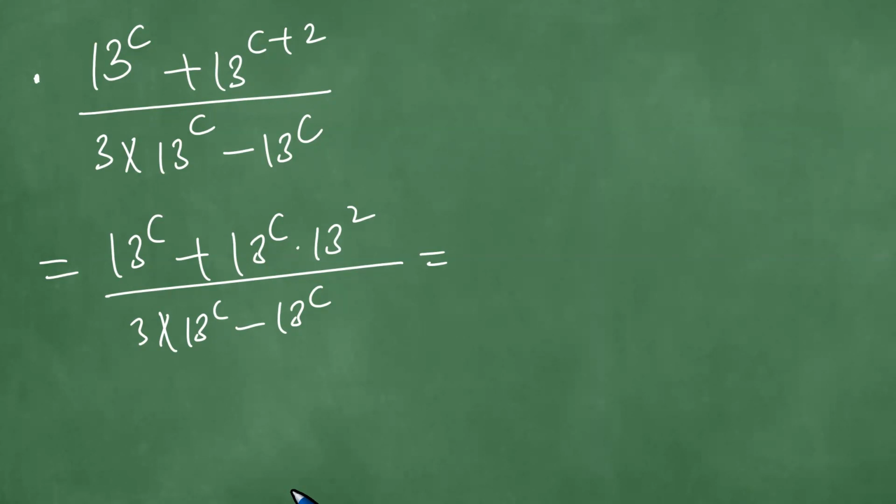You cancel. Before you cancel, you must factor out things. So it's 13 to the power c, the common factor, if you put it out.